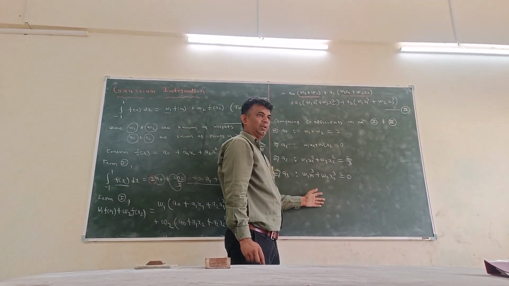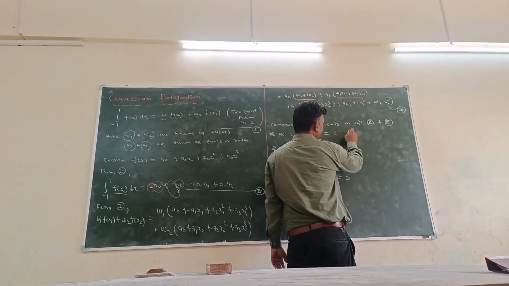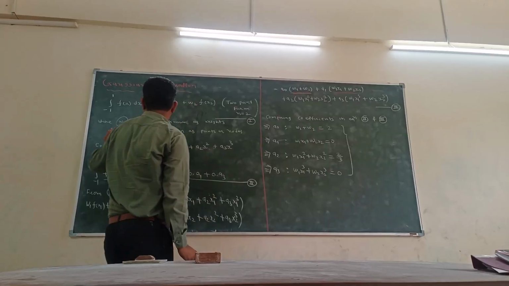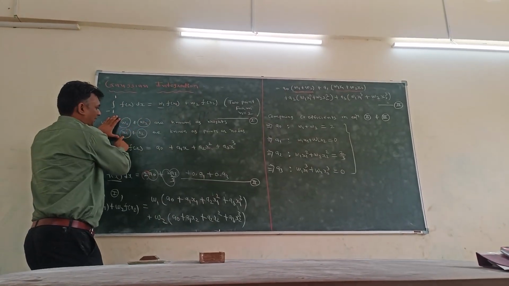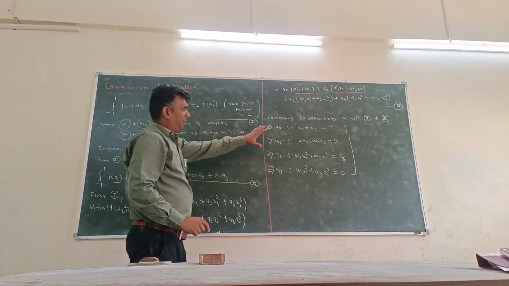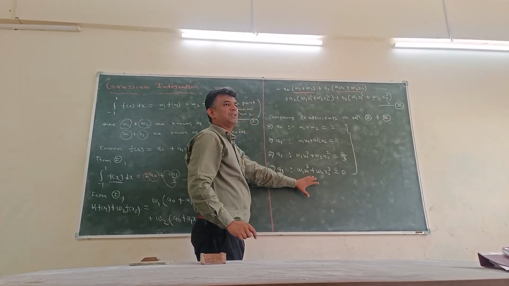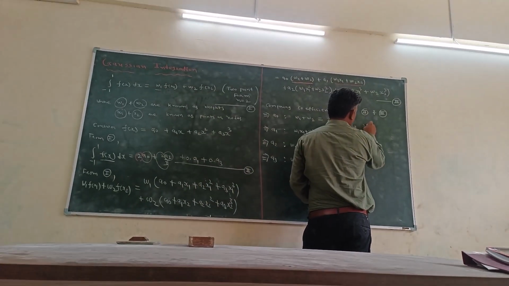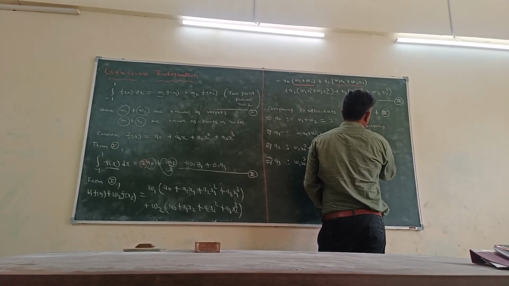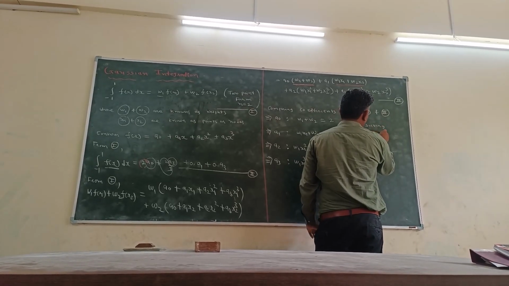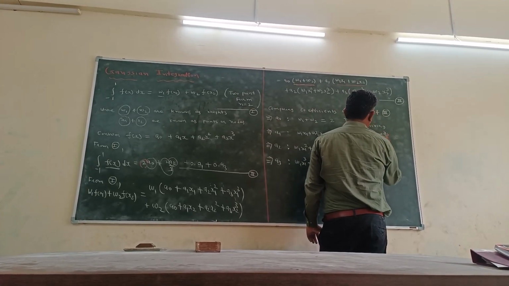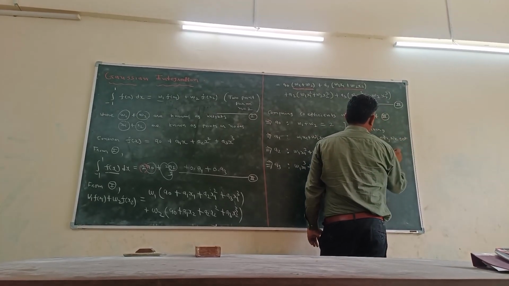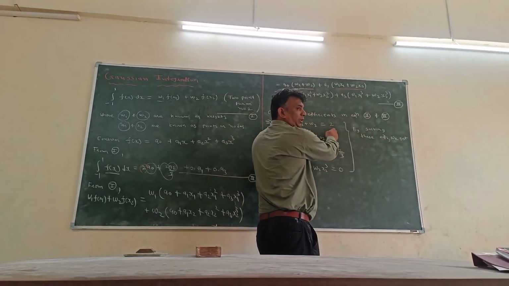Similarly for all. Now solving this, what we need to find out? We find these values W1, W2, x1, x2. So by solving these four equations, you can get W1 plus W2 equal to 2.